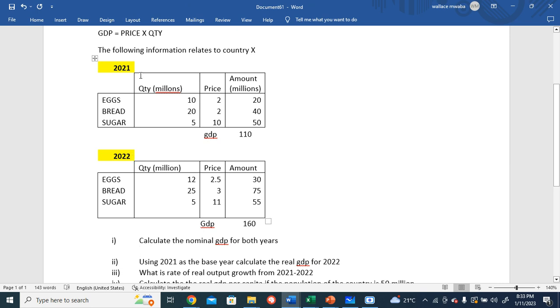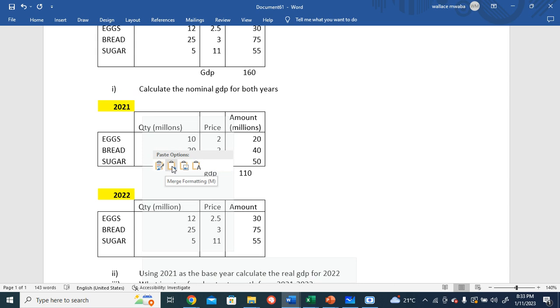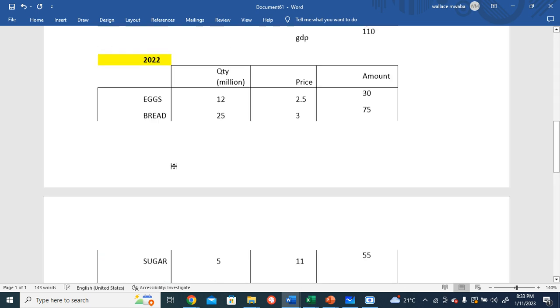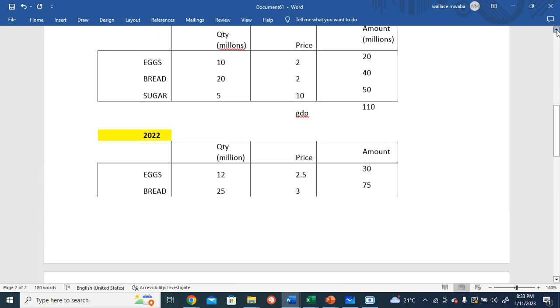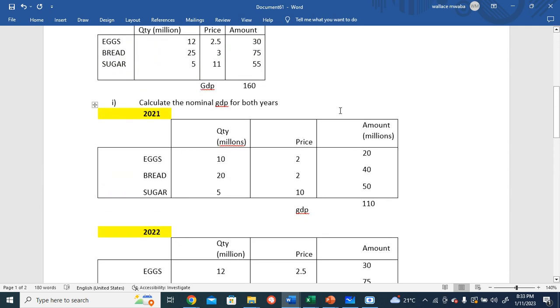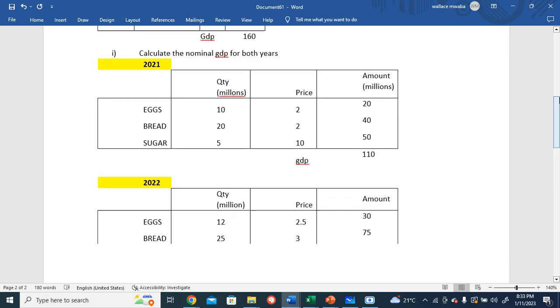The next thing that we're told to do is now calculate the real GDP for 2022 using 2021 as the base year. So the base year is basically the year which we use as a reference point, especially when we're comparing it to other years.